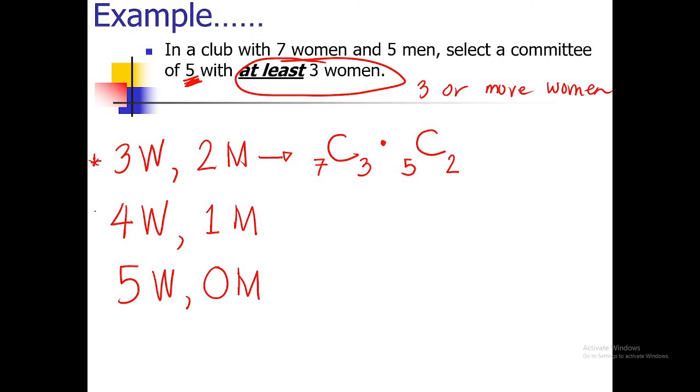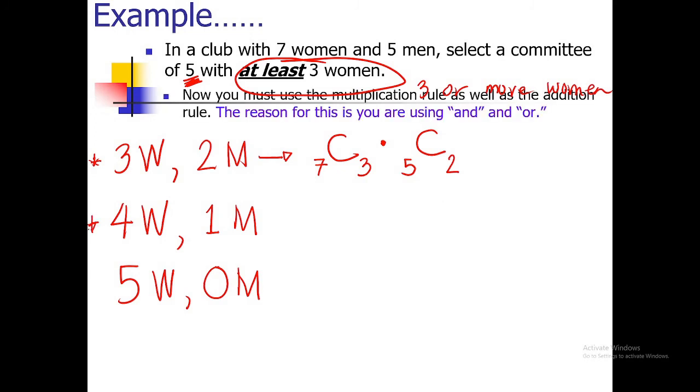Okay. Let's go to the second scenario. What if I want to have 4 women? So I have now the combination. There are 7 women and I'll be taking 4 of them. Multiply this to the combination of 5 men, and I'm gonna be getting one man only.